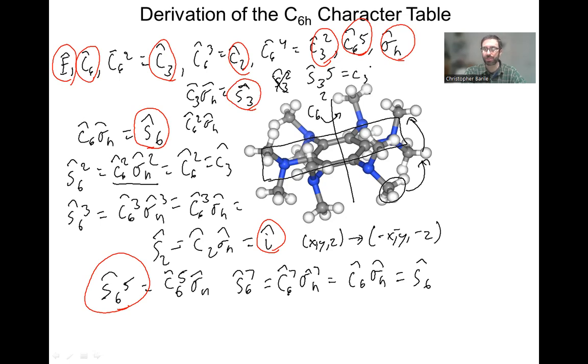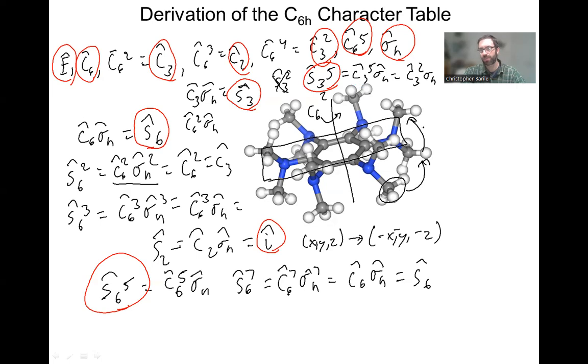S3 five times is equal to C3 five times by sigma h, which equals C3 twice, because C3 three times is followed by sigma h. So that's unique. Basically, it's rotating the opposite way, counterclockwise or clockwise for 120 degrees here, followed by a mirror plane, and here the opposite way, C3 240 degrees. That's going to be unique, S3 five times.